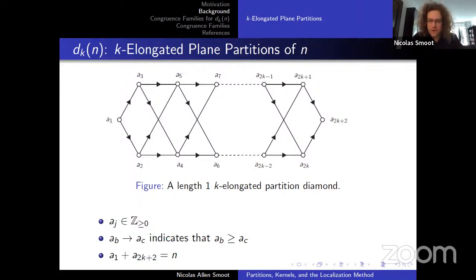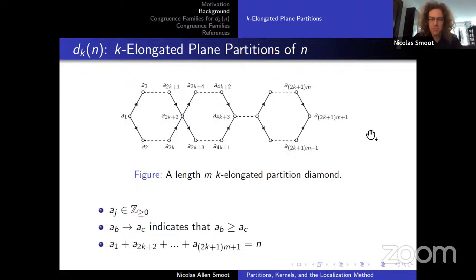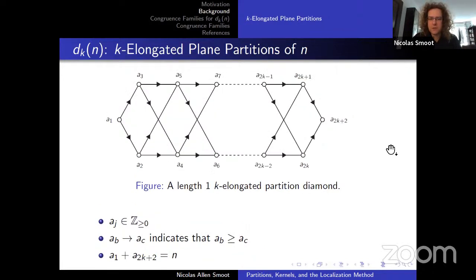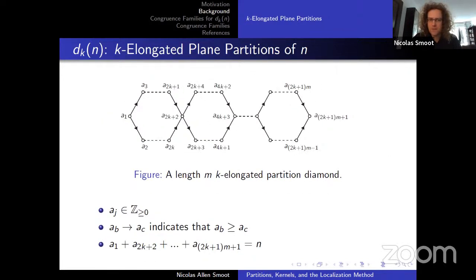An arbitrary k-elongated partition diamond will be a bunch of them hooked up together, like this here. And each of these diamonds has that complex structure that I just showed you. So d_k(n) counts the number of such directed graphs where the sum of the interior or central nodes is n.